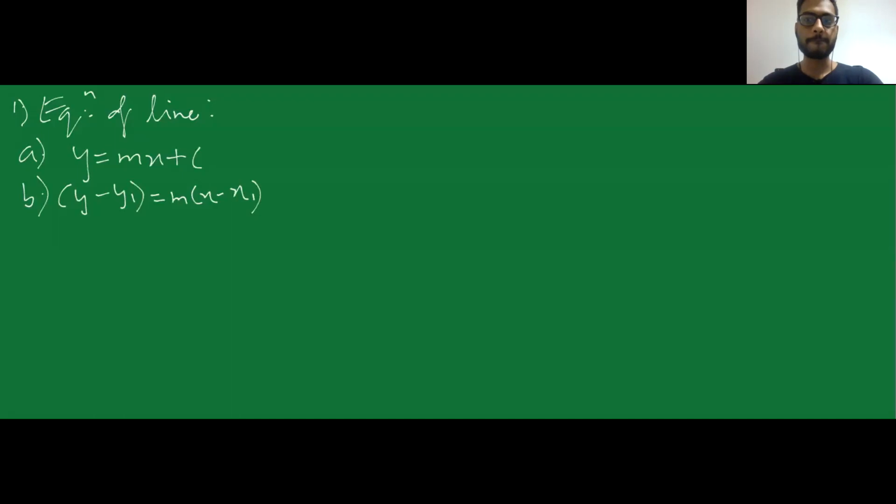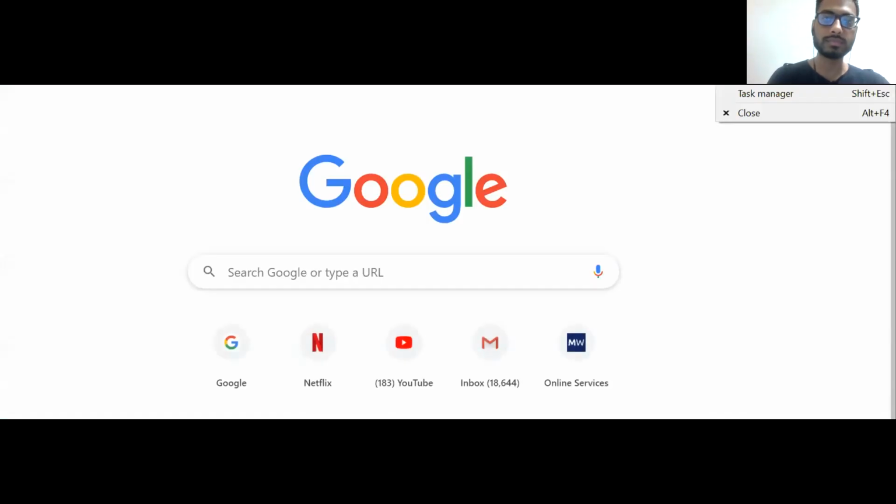If we have slope and we have an intercept, then we can write y is equal to mx plus c. If we have slope and a point, we can use a slope point form, which is y minus y1 is equal to m into x minus x1. If we have 2 points on the line, we can use our 2-point form.